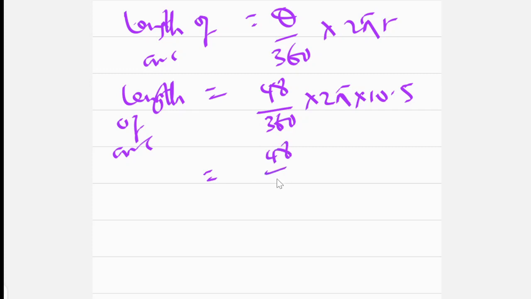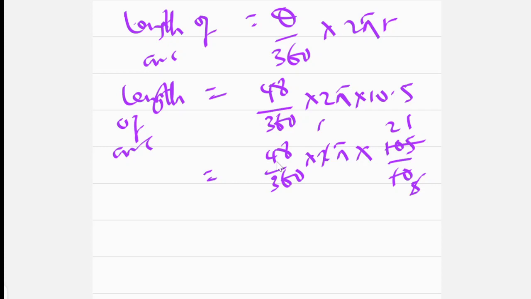Okay. And this now will give me what? So I have 48 divided by 360 multiplied by 2 pi multiplied by, I can have 105 divided by 10. The same thing. 2 here 1, 2 here 5, 5 here 1, 5 here 21. So let's see what can go again.